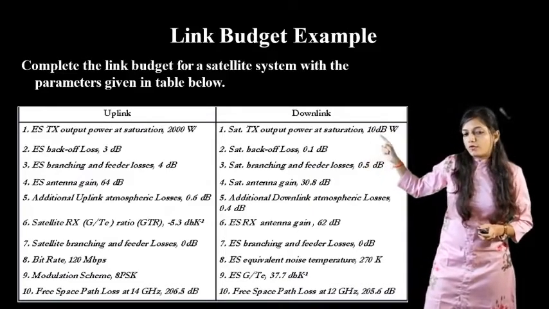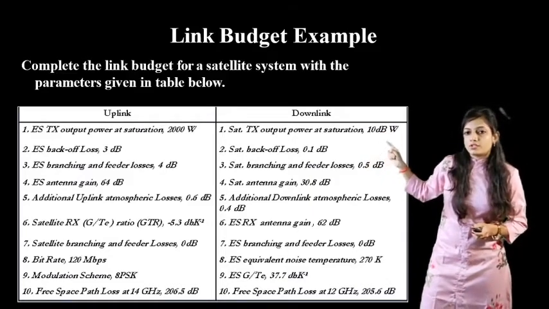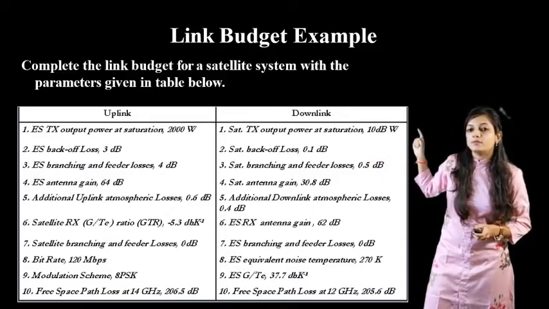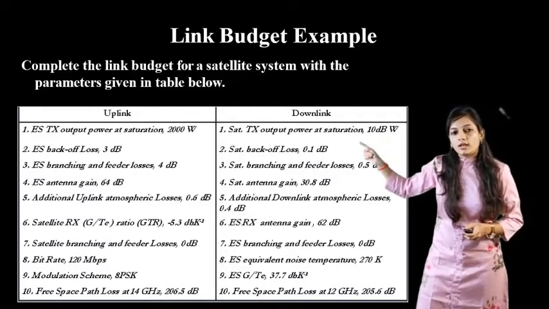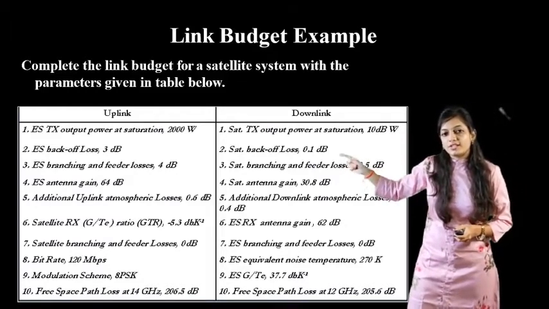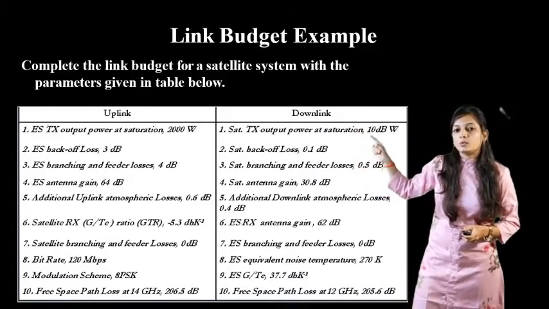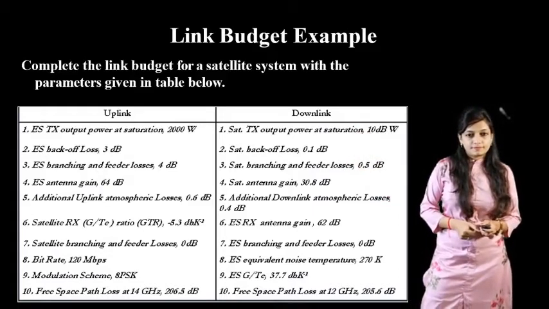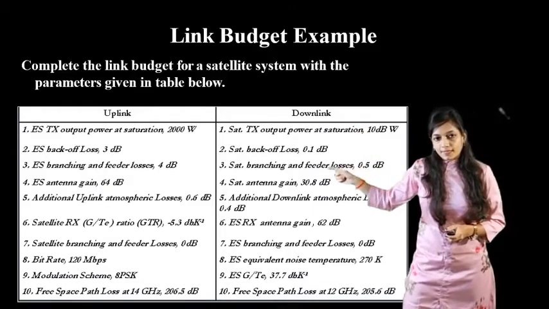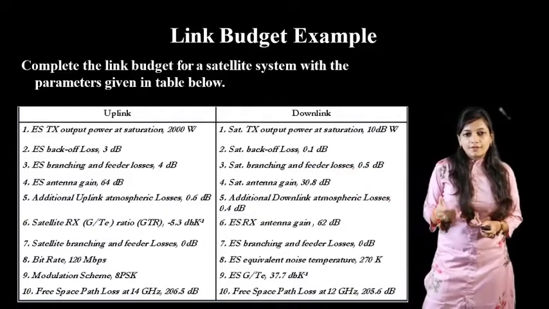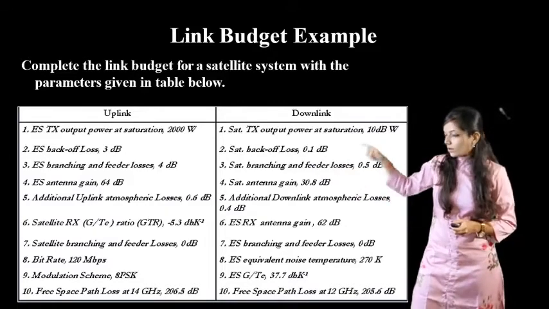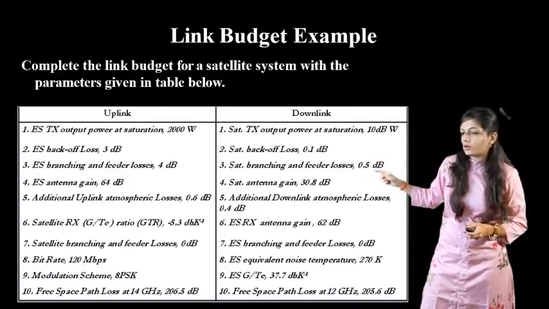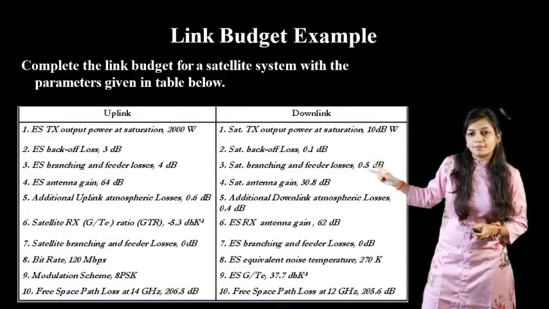Similarly, for the TX output power, it's 10 dBW. Now, backoff loss is 3 dB for uplink and 0.1 dB for downlink. Third, feeder loss is 4 dB for uplink and 0.5 dB for downlink, which is less compared to the uplink.